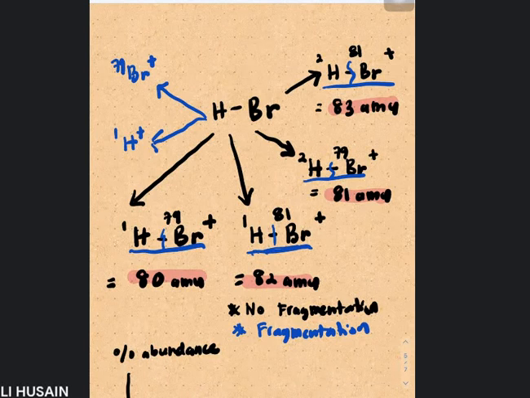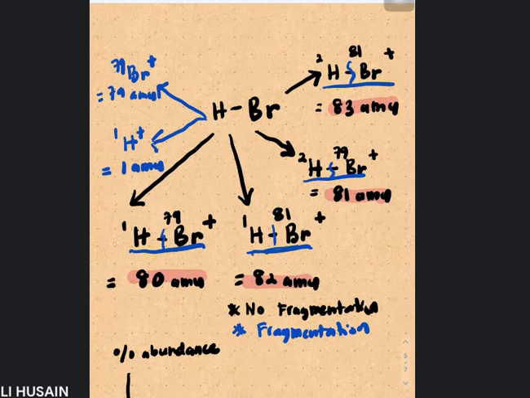So hydrogen 1 we have already detected. Hydrogen 1, what is the mass? 1, so 1 AMU. And then bromine 79, what is the mass? 79 AMU. Then the second molecule breaks. The hydrogen 1 has the same mass as the earlier hydrogen 1 plus, so it will appear on the same peak.